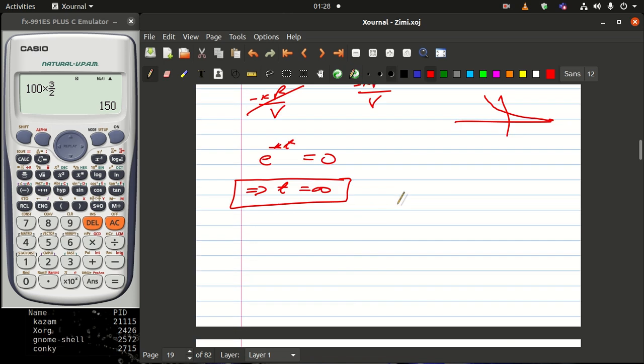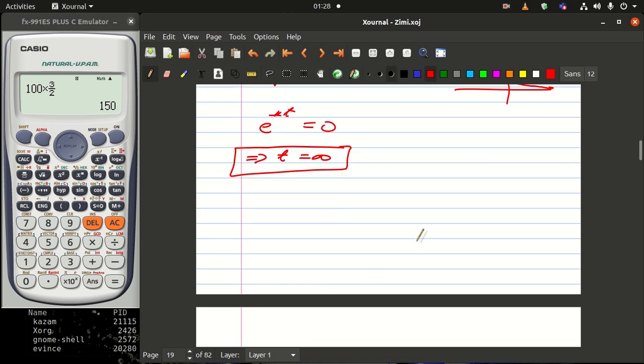Now the second thing I want us to talk about is what is going to be the concentration at this t equals infinity. Remember that our concentration is given by r over kv times 1 minus e raised to minus kt.